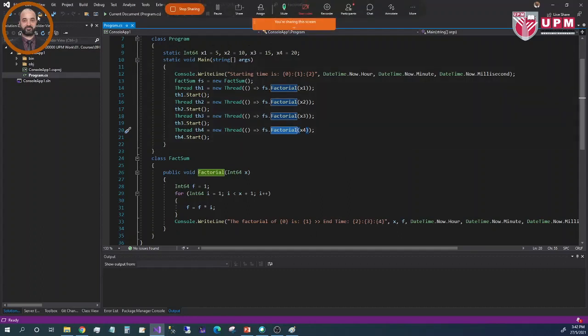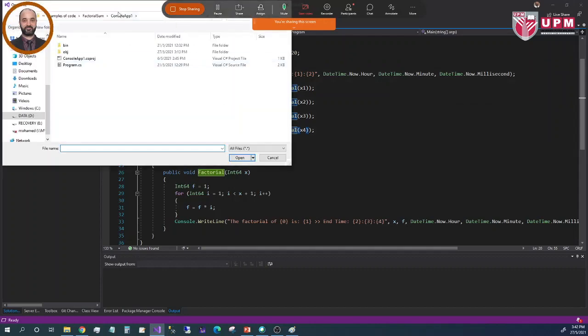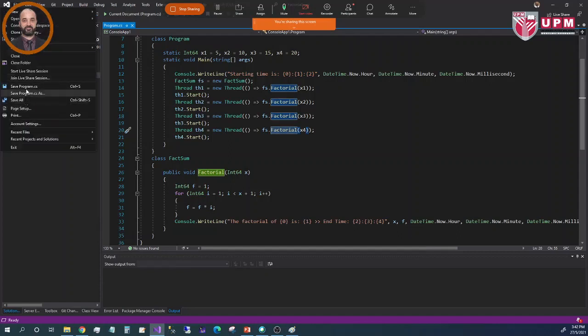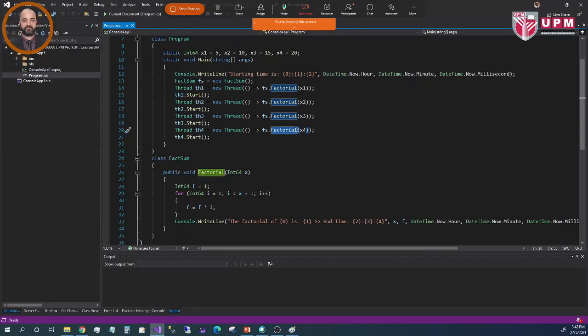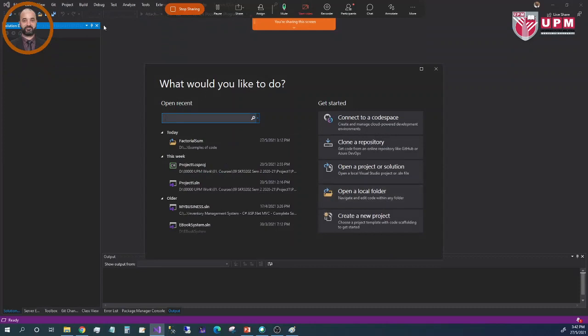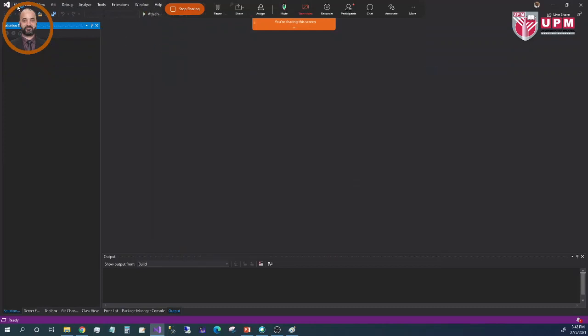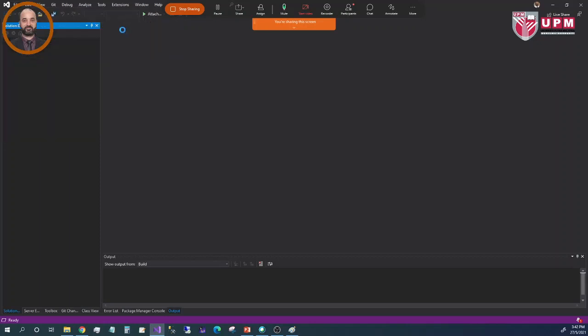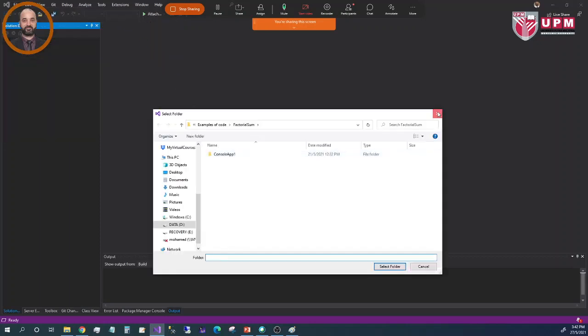Okay, let me go and check the second example that we ran last time. Okay, let us close this folder.